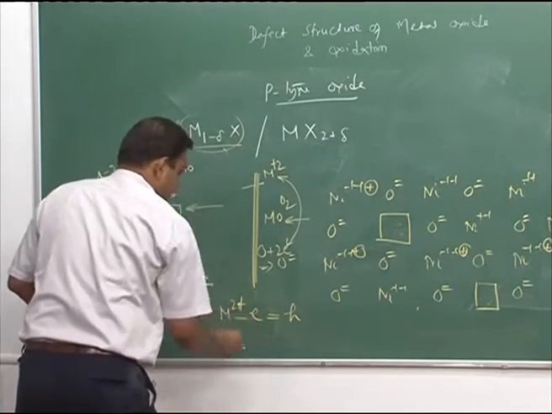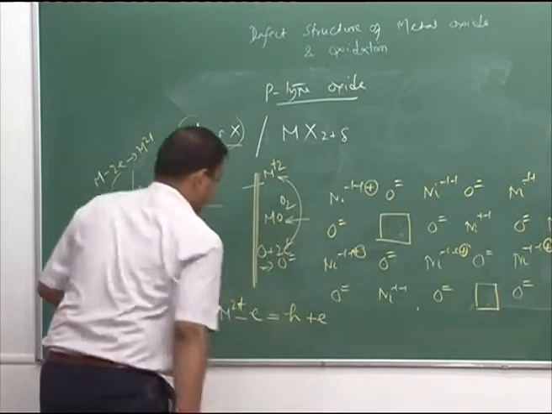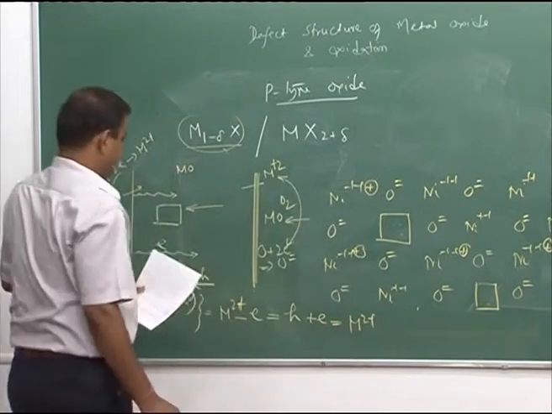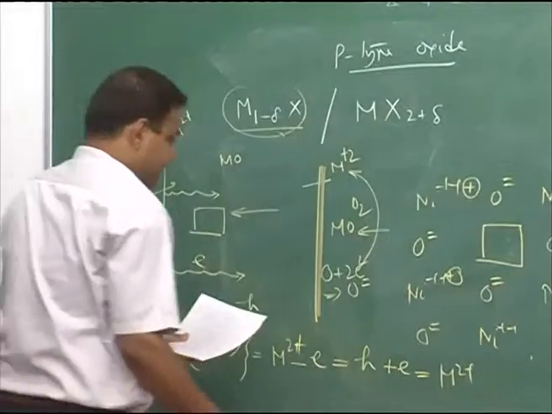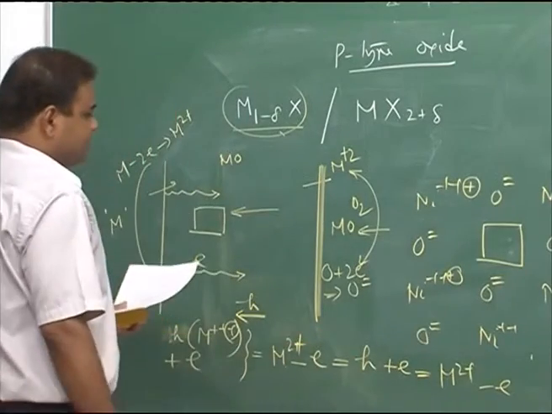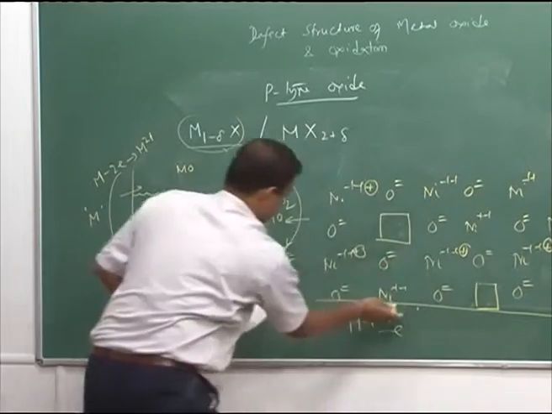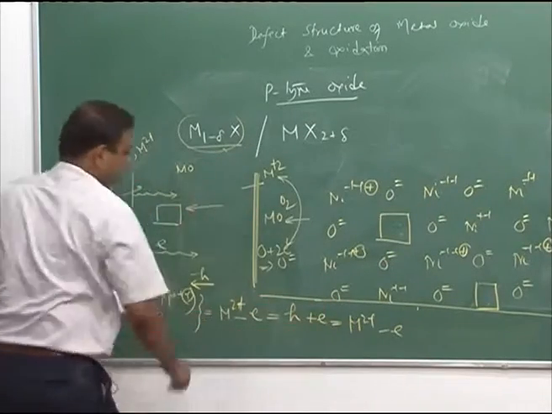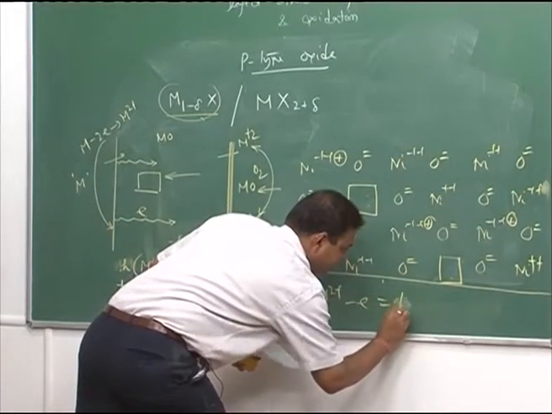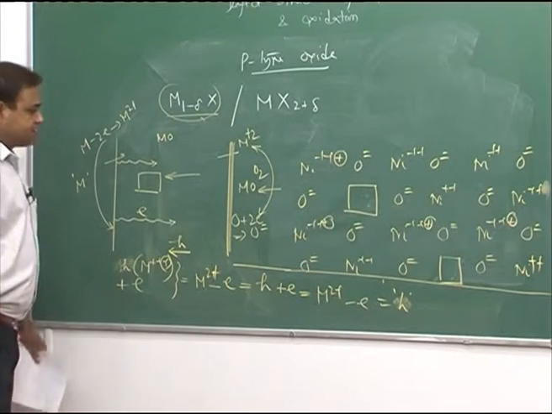And this hole will again react with an electron and form metal 2+ again, and then again one electron will be taken out. So, if we consider only this part, again it will form a hole, and we have seen a hole is nothing but a metal cation.